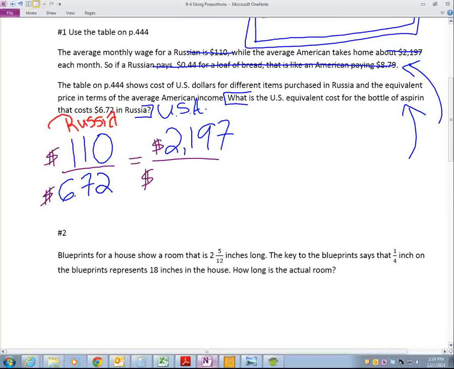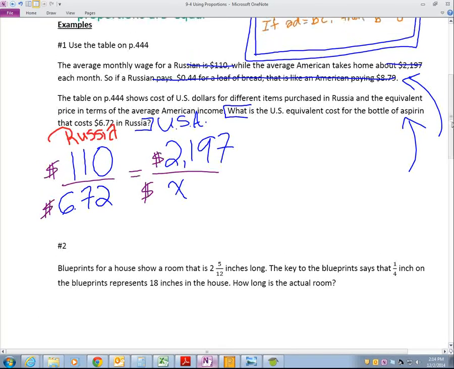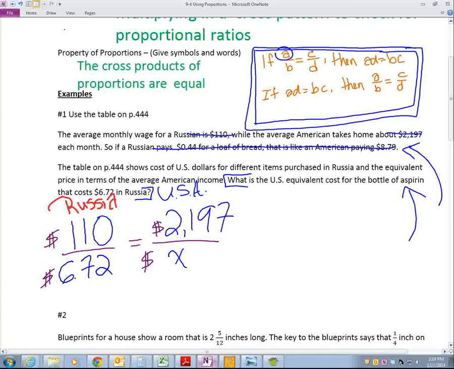It's good. Seriously. Now I'm going to put a variable in here. I'm just going to do x. Now, the proportions property that we learned today, that we discovered today, that we saw today, now we're putting it into motion. And it said up here that if A over B equals C over D, then A times D, actually, I'm going to do that again.